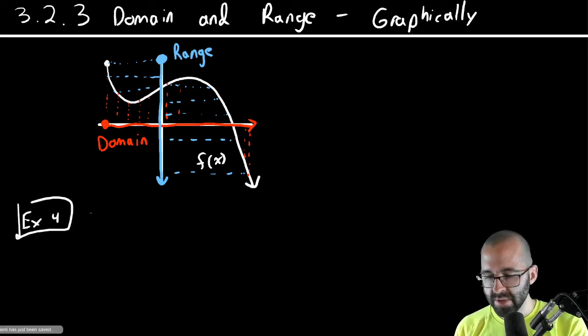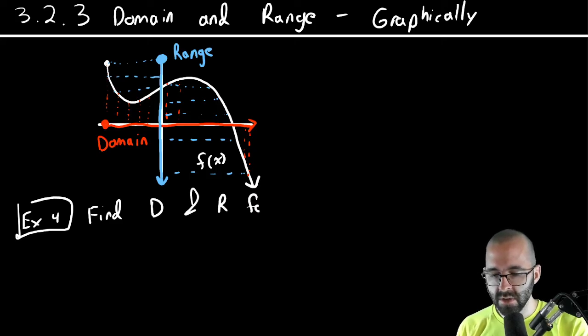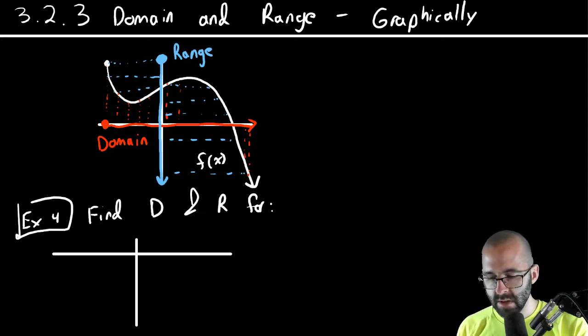Example 4. Find the domain and the range for the following graphs. First graph is going to look like so.